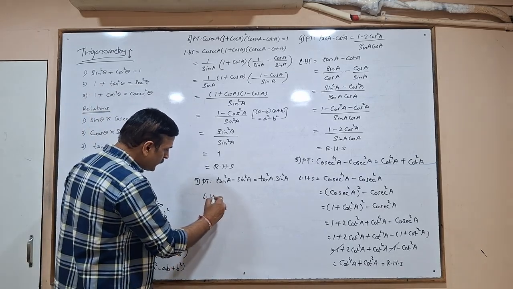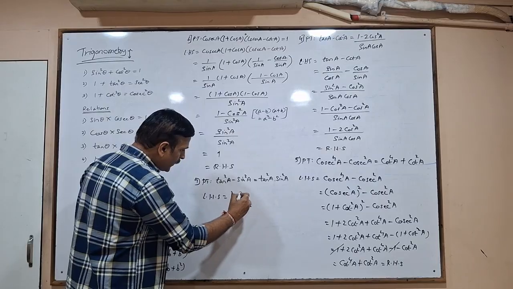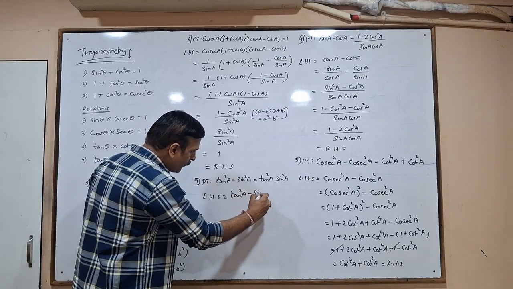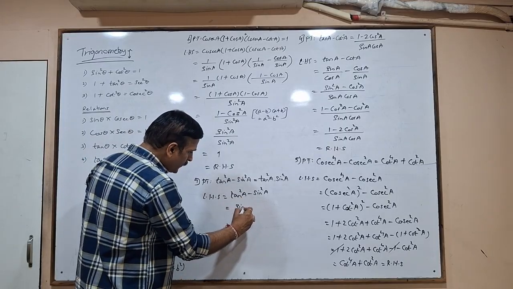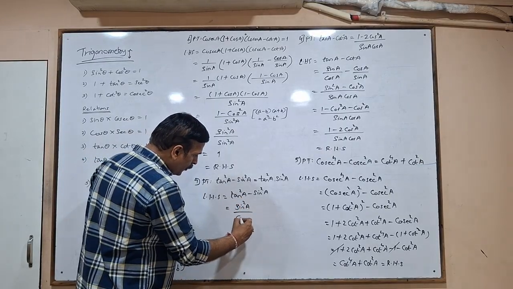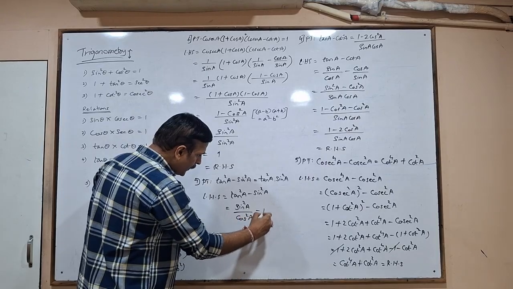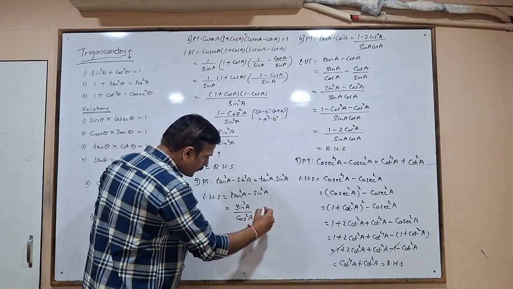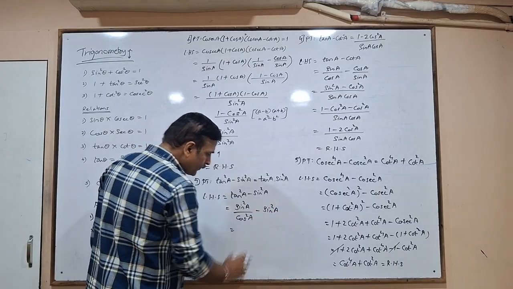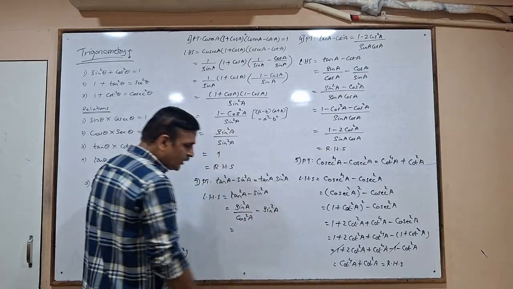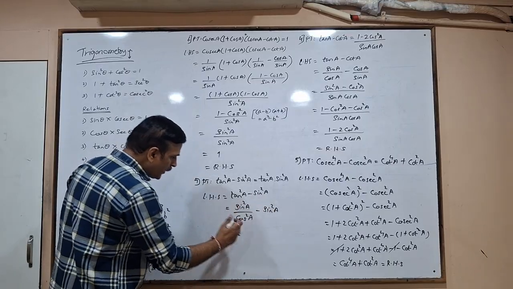So LHS: tan square A minus sine square A. Tan square A is sine square upon cos square, minus sine square. These are two terms. Sine square A has a denominator 1, so I can take sine square A common.